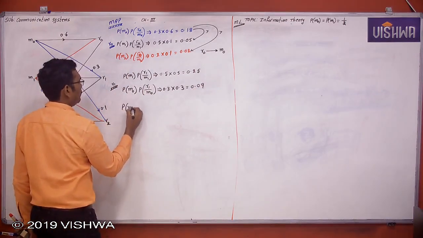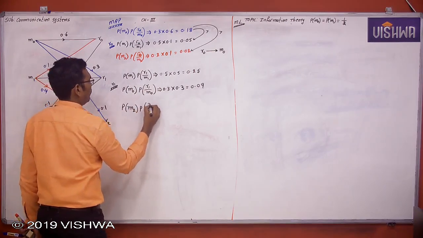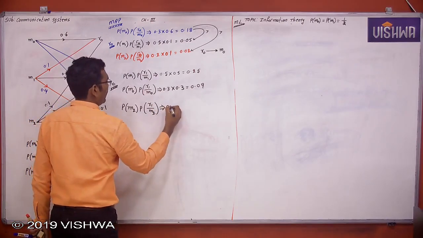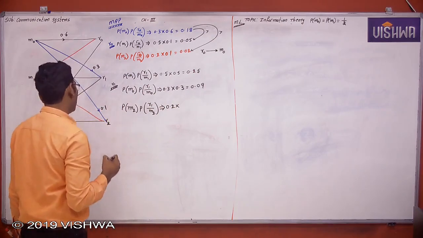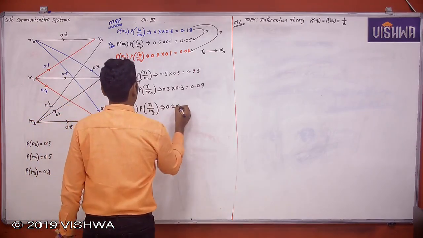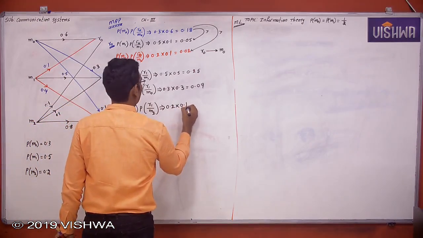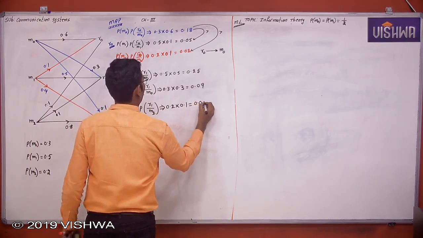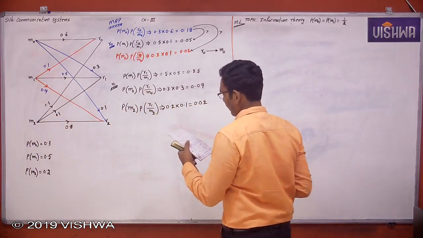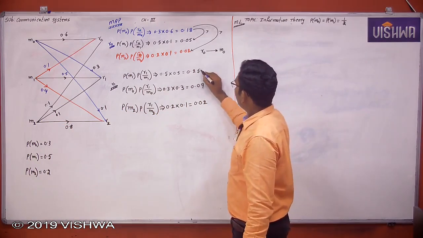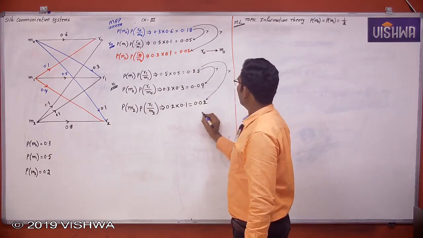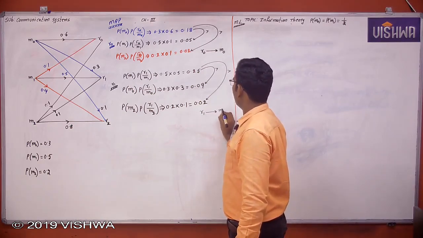Now P of M2 into R1 due to M2 is 0.2 into 0.1, therefore 0.02. Now you see here, this product is greater than this and also greater than this. Therefore, R1 is successfully decoded as M1.